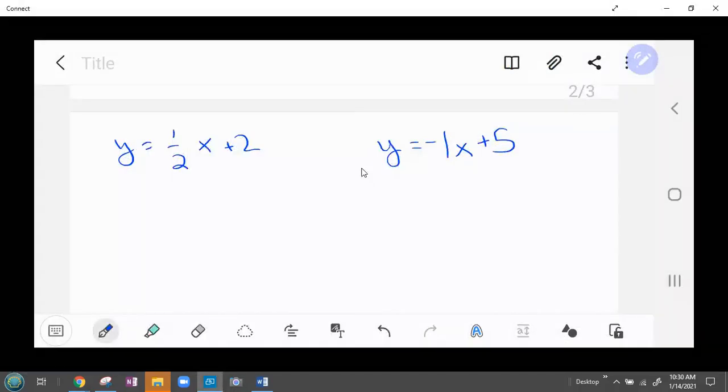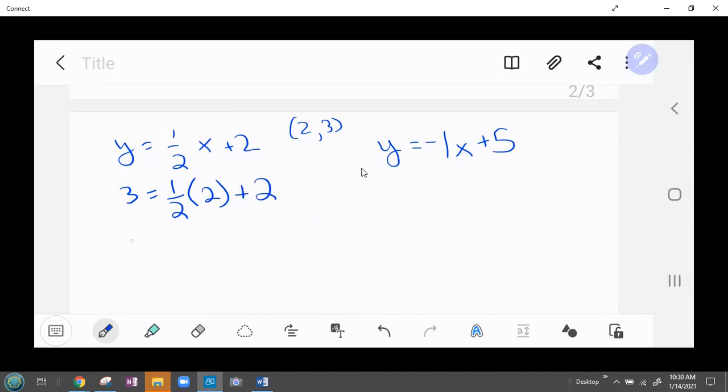Satisfying the equations means that it makes them true, just like that Khan assignment where we had to plug in the values to see if it made them true. So will (2, 3) make this equation true? Let's try. 3 goes in for y, 1/2 times 2 plus 2.